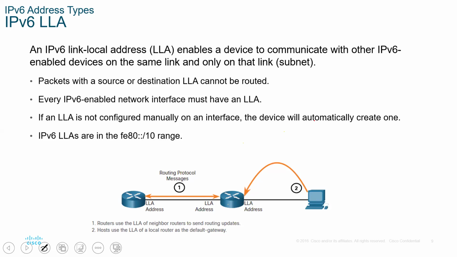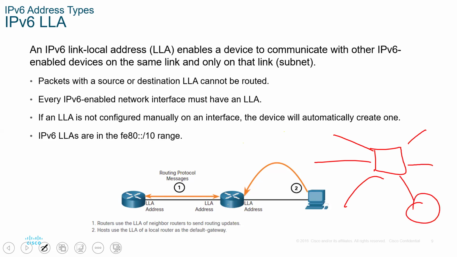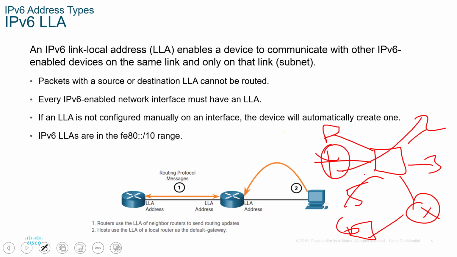For instance, if I have a switch here with PCs, and then I have a router here, and then a PC here. This is PC 1, 2, 3, 4, 5, and this is 6. What we are saying is that link local addresses can talk from PC 1 to PC 2 to PC 3 to PC 5, but cannot go to PC 6.